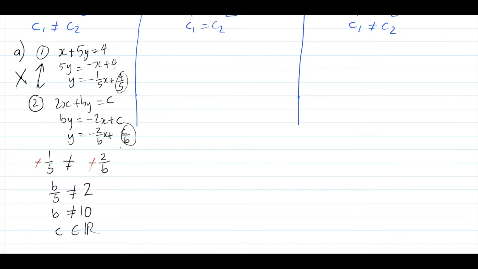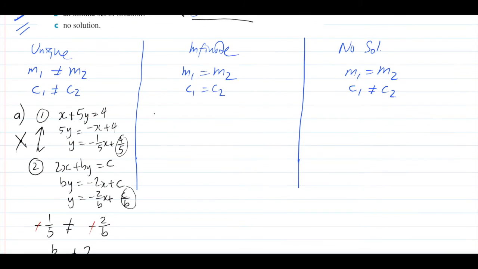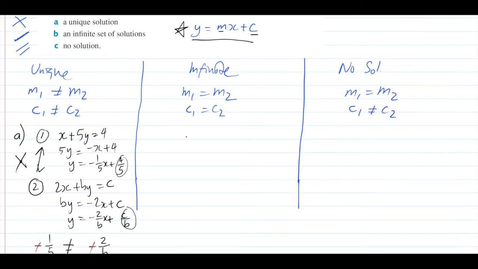Okay, guys, so that's the answer to question A, and we can now look into question B, which is for an infinite set of solutions. And we can leverage off what we did in part A to help us solve for this. We know that the equation m1 equals m2 is very similar to the equation m1 not equal to m2, right?